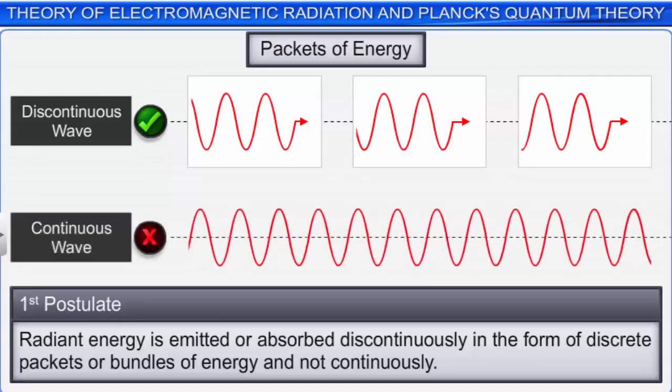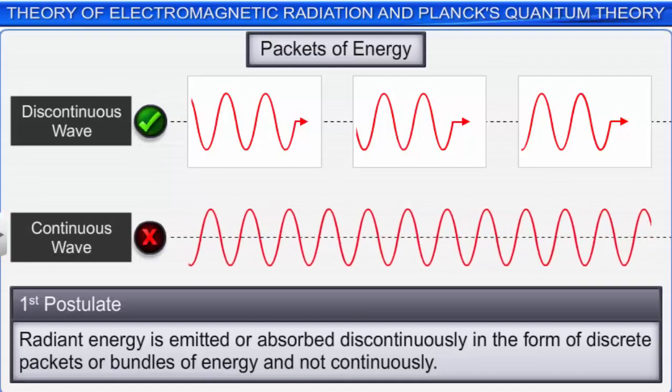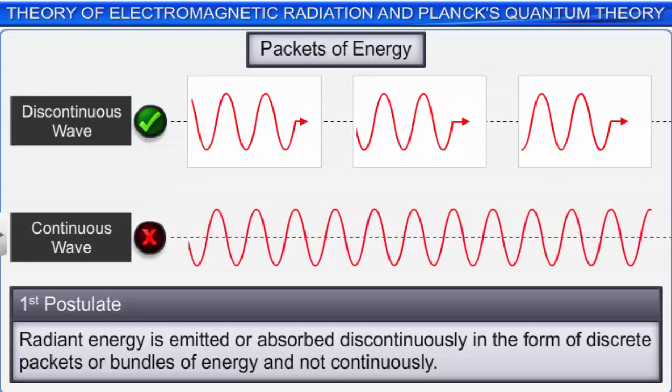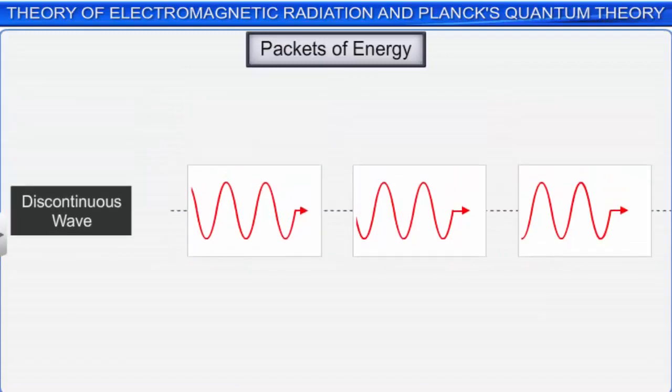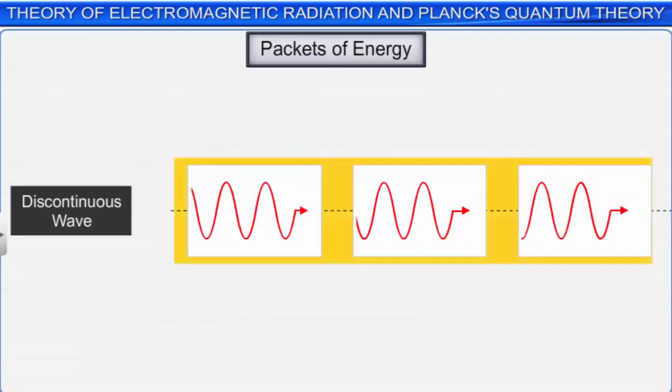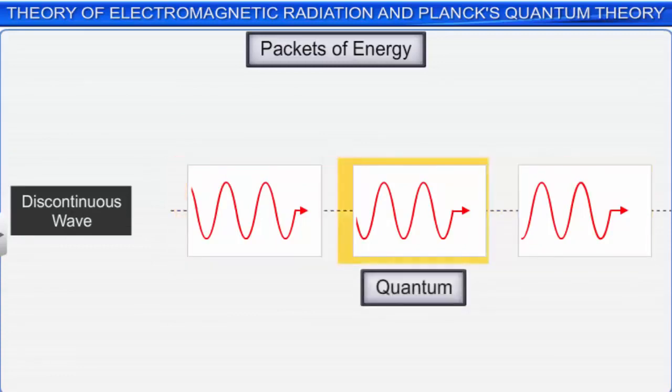This is the first postulate of Planck's theory. Further, Planck called these discrete quantities or packets as quanta. Quantum is the smallest quantity of energy absorbed or emitted in the form of electromagnetic radiation.